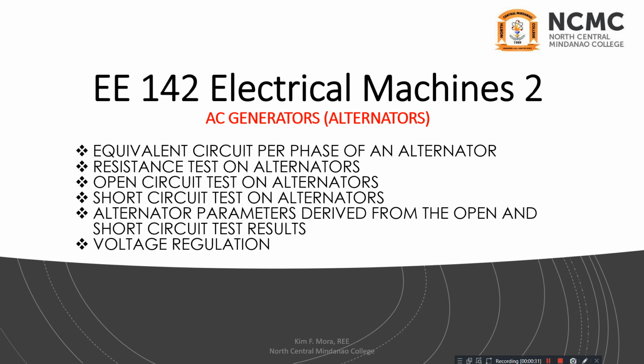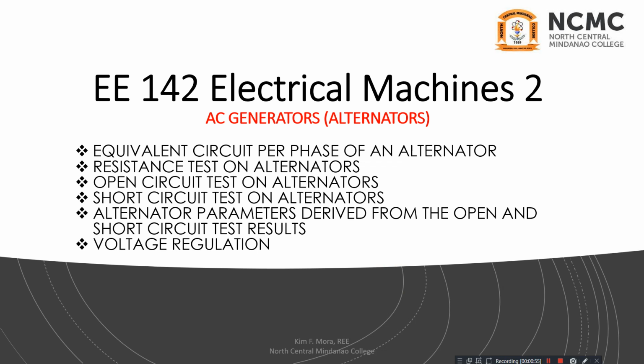So just a quick recap about what we have discussed from our previous meeting. We have discussed that again alternator, that is what we call the AC generator, no? So it is a generator that delivers an AC voltage to the load.